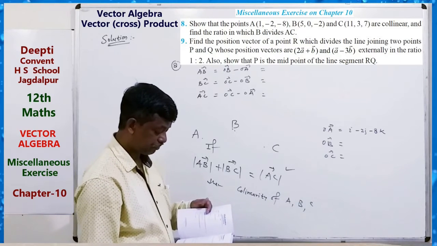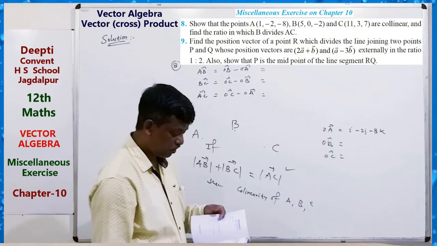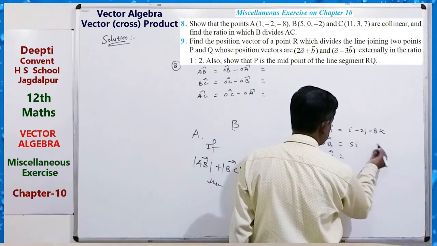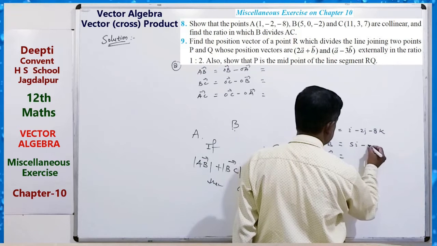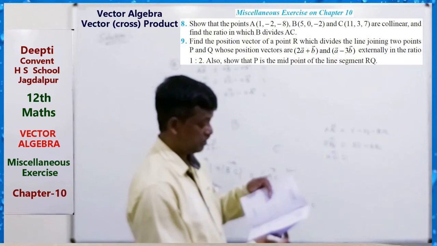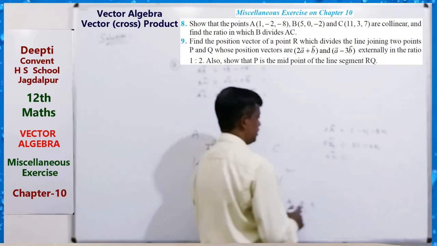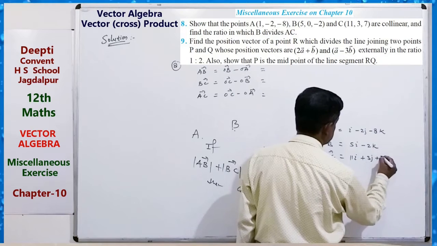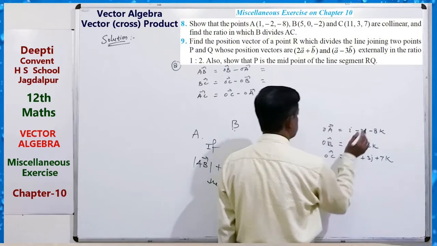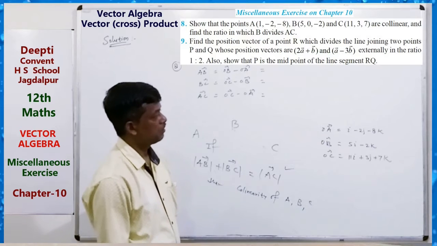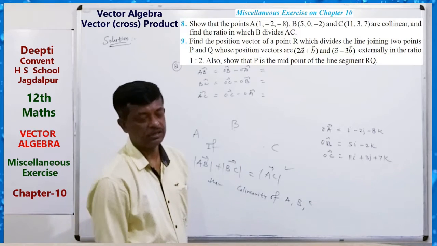Here also 5, 0, minus 2, so 5I, 0J, minus 2K. And another point is 11, 3, 7, that is 11I plus 3J plus 7K. This is the position vector of the given points.